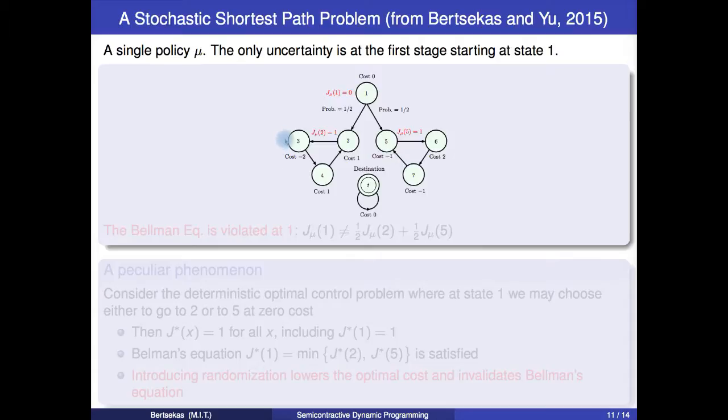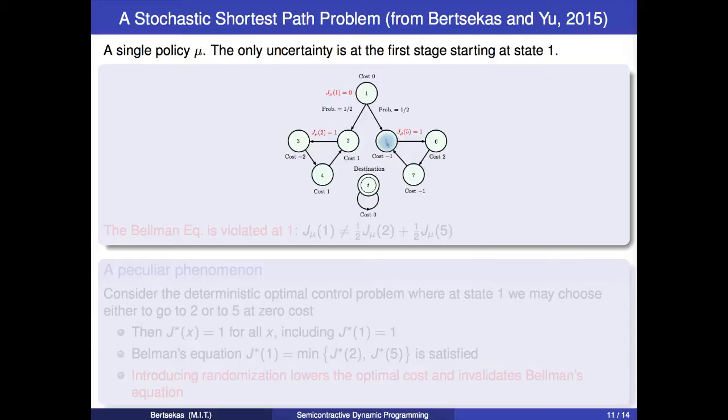Then again, as we spin around the cycle, 1, -1, 0, and so on. So the finite horizon costs starting at state 2 are oscillating, with an upper limit of the oscillation being equal to 1, and so the cost of the policy is this upper limit, and it's equal to 1.